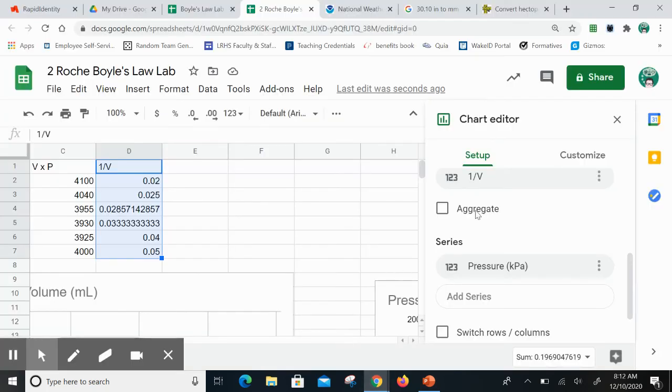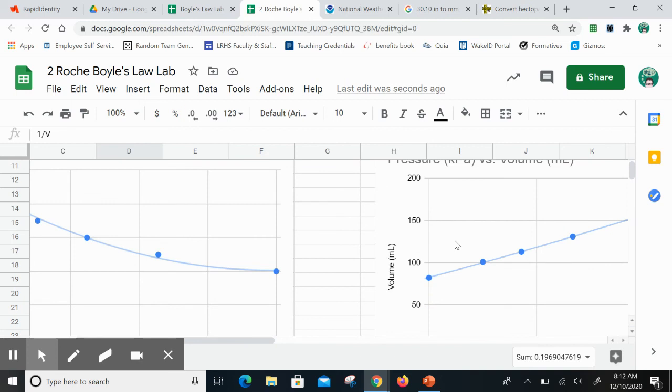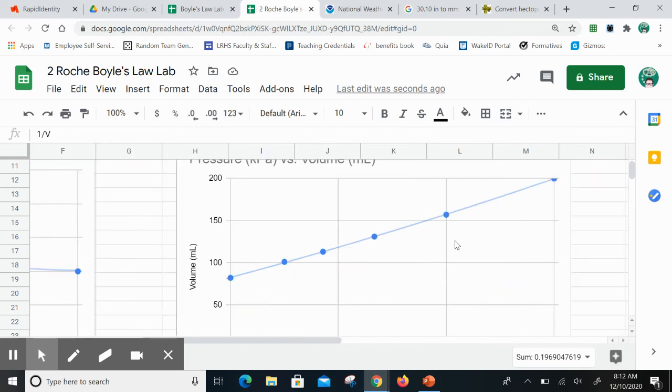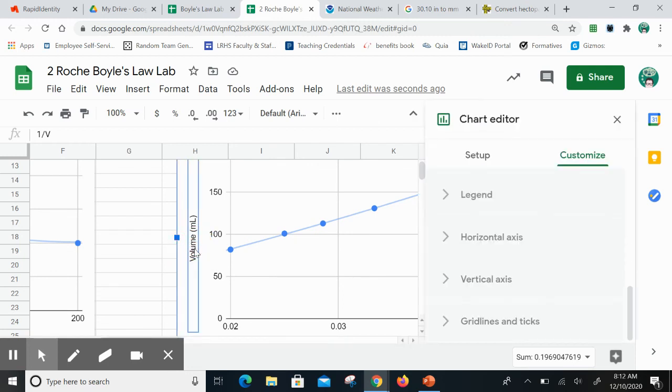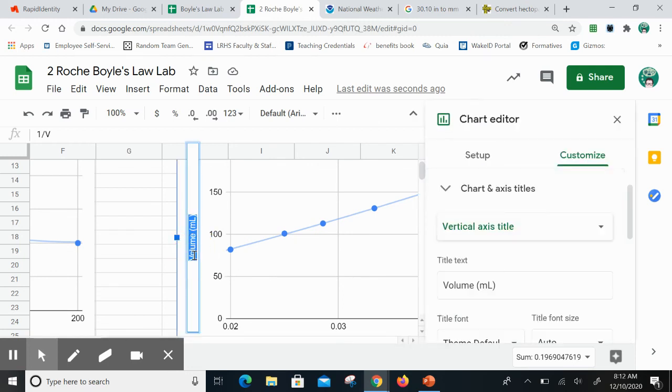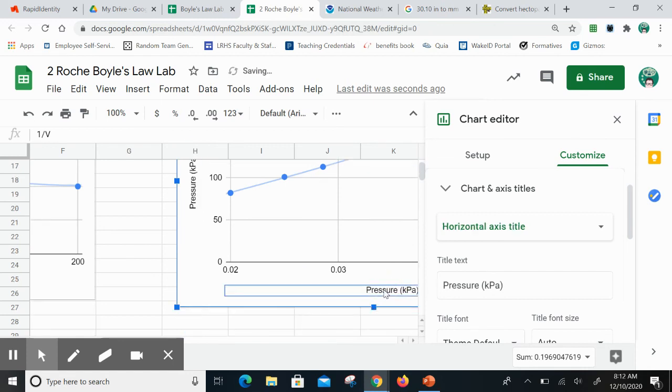So in theory, if we pull back and take a look at what we did, ladies and gentlemen, a straight line. Would you look at that? Now, we do have to fix this because it says it's volume, and that's not volume. So we double click that and say, silly computer, that's now pressure in kPa. Then we go down to our other axis and say, that's now 1 over volume.